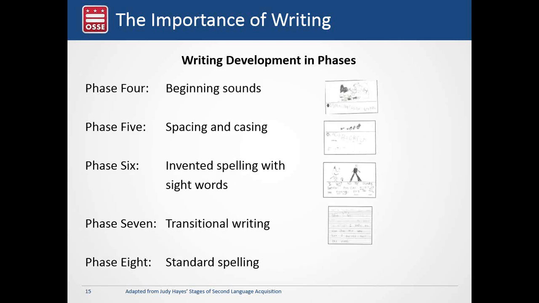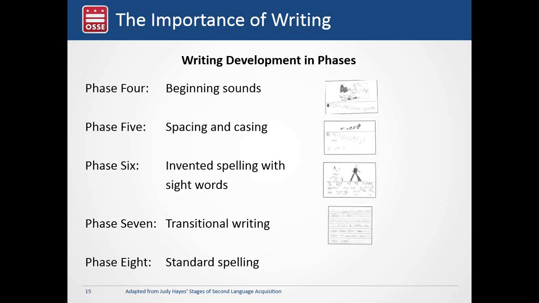Phases 4 through 8 continue the development of writing, where in phase 4, students in the English language are recognizing that words have a fixed beginning sound, and they write that as part of their product.